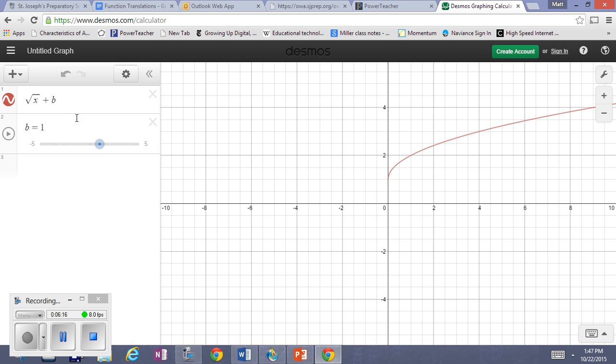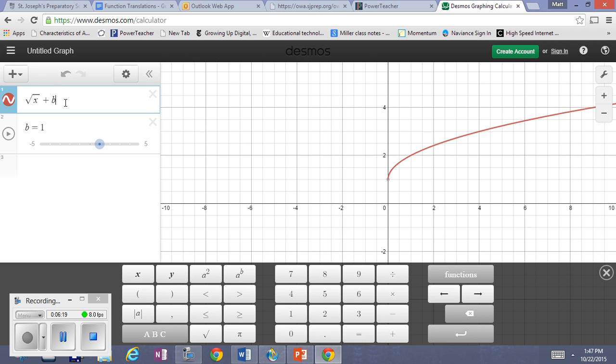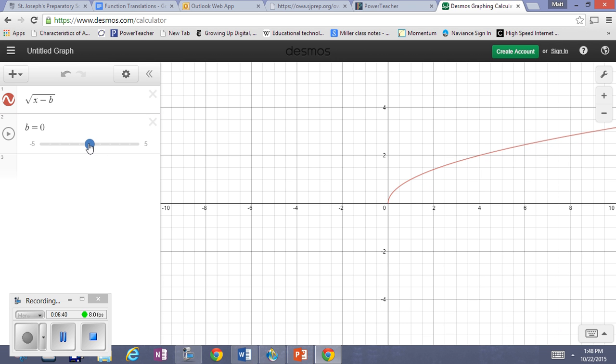And lastly, we'll keep that same slider of b. Let's look at this option: the square root of x minus b, keeping it under the radical. b equaling 1. x minus b. x minus 2, which is actually reading x plus 2, right? x minus 2.